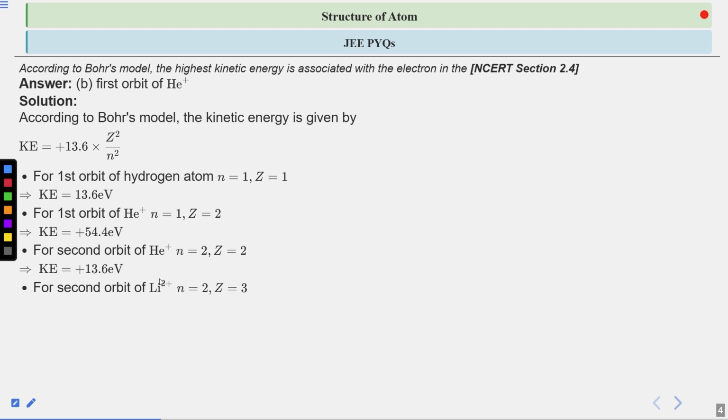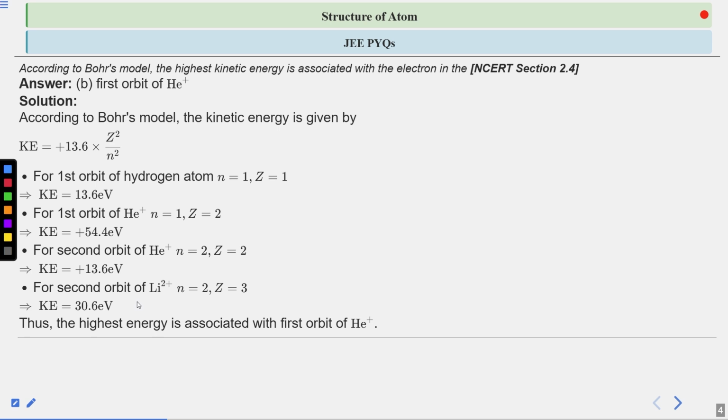Last option, second orbit of the lithium 2 plus. So here Z is 3 and n is 2. If you calculate putting n as 2 and Z as 3, then you will get your kinetic energy as 30.6 electron volts.